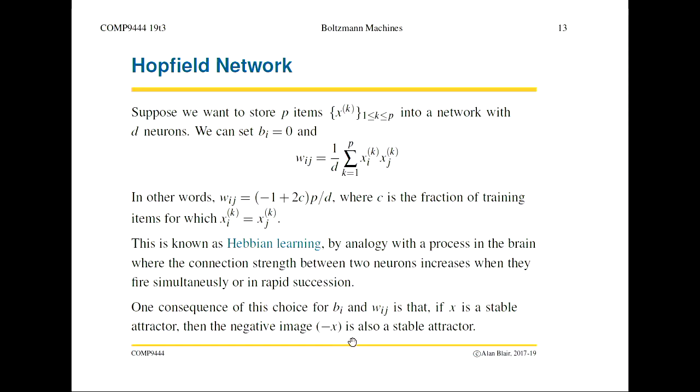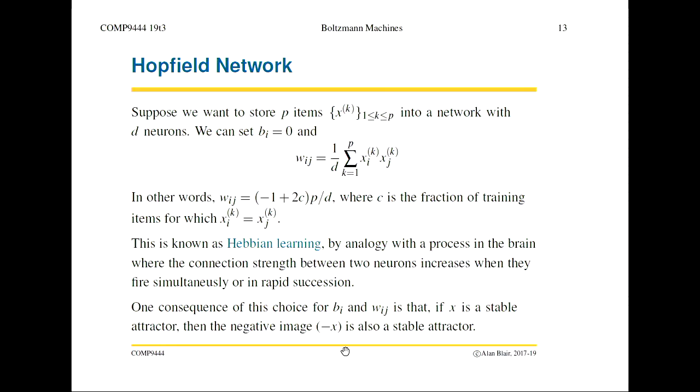And interestingly, one consequence of this is that if a certain image is a stable point, if you go through this process and you get to an image that's a local minimum in the energy, that's called a stable attractor.